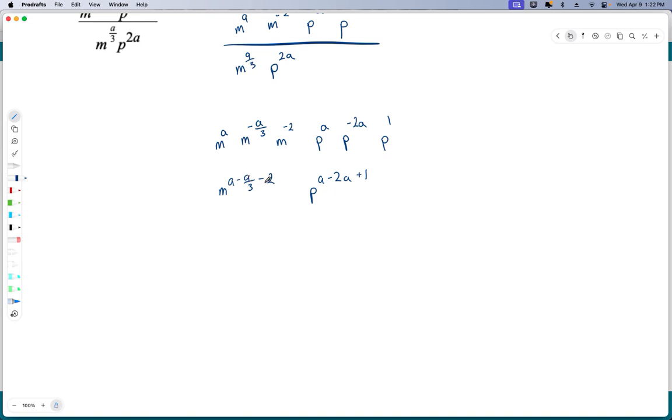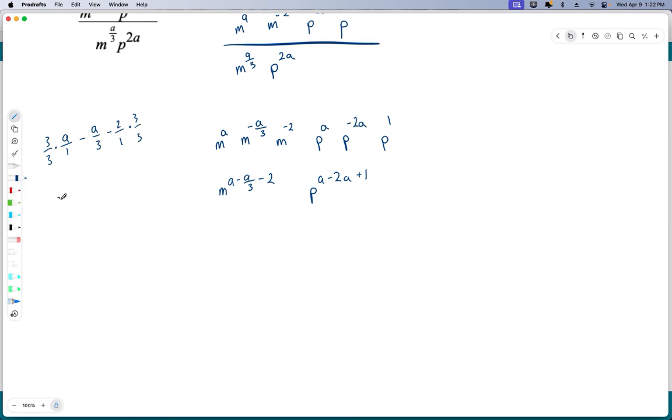So now I'm going to try to find a common denominator in order to be solved. So I'm going to bring this to the side. A over 1. The common denominator is going to be 3, so times 3 over 3. And that's going to be minus a over 3 minus 2 over 1, common denominator of 3. All right, so that's going to be what I'm looking to do.